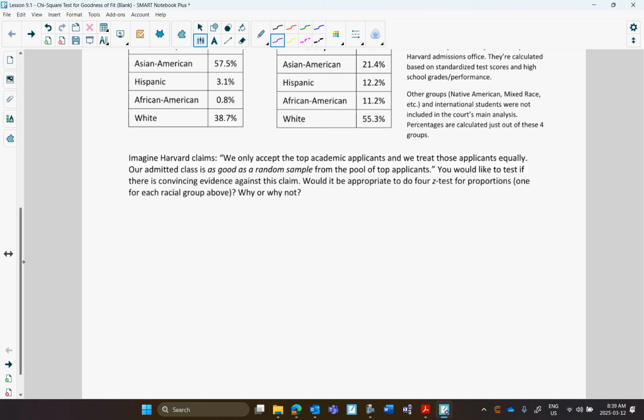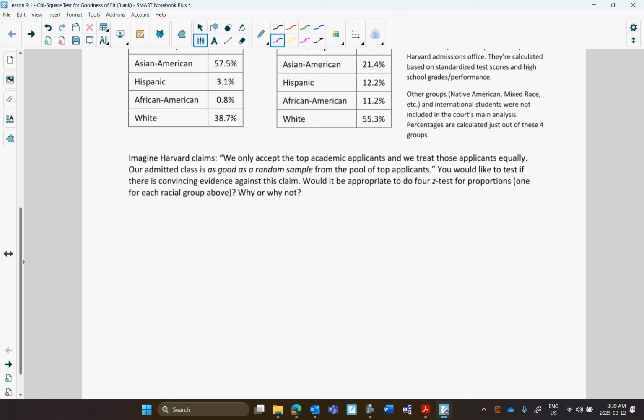What they're saying is that if this is the applicant pool breakdown by race, then their admitted students will have approximately the same percentage breakdowns, which clearly we see isn't the case. So we would like to test if there's convincing evidence against this claim.